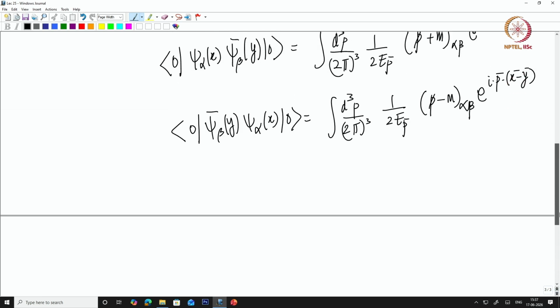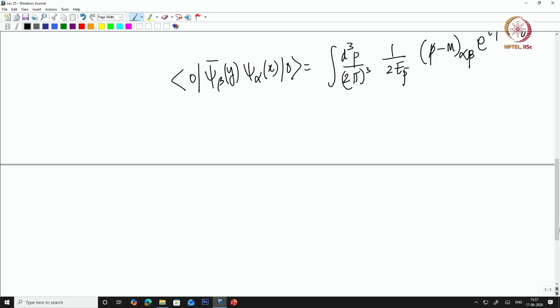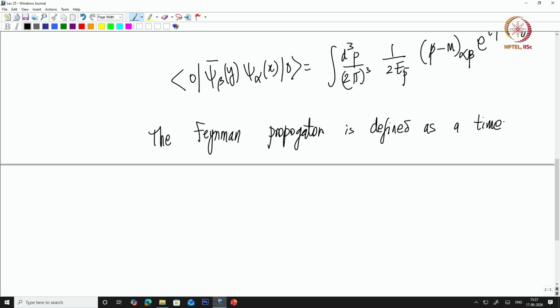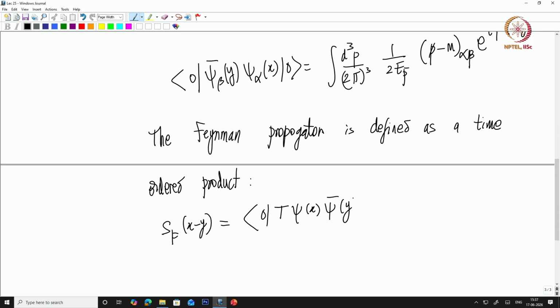Now we define the time ordered product. That's the Feynman propagator. It is defined as S_F(x minus y) equal to the vacuum expectation value of the time ordered product of psi of x and psi bar of y.